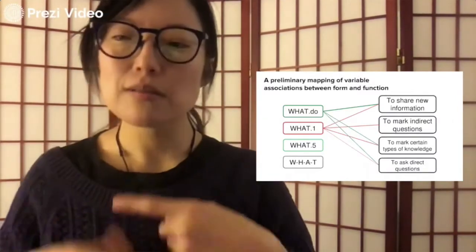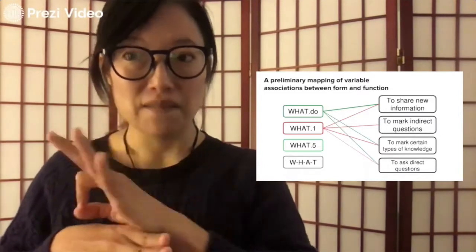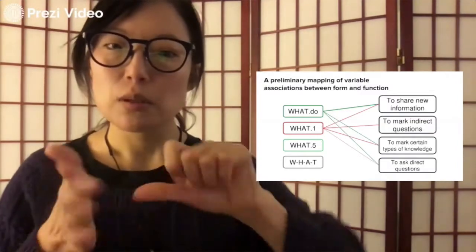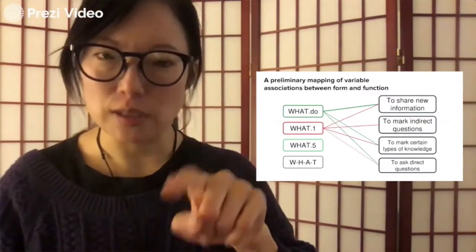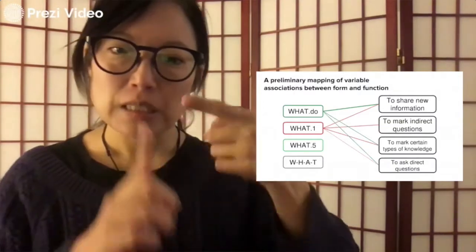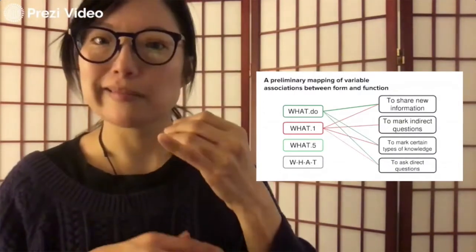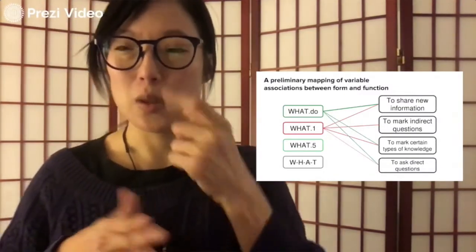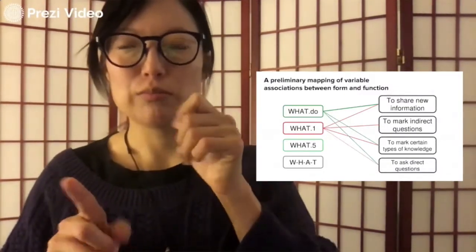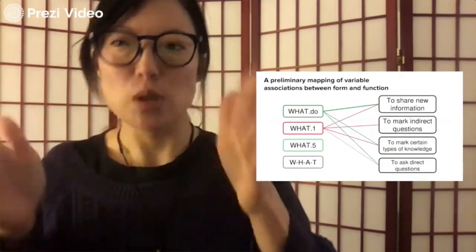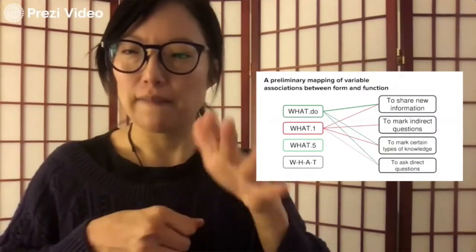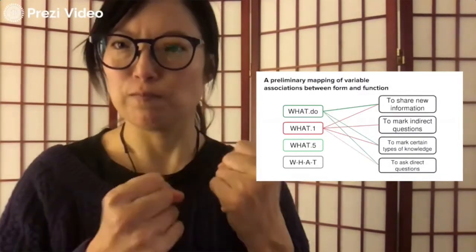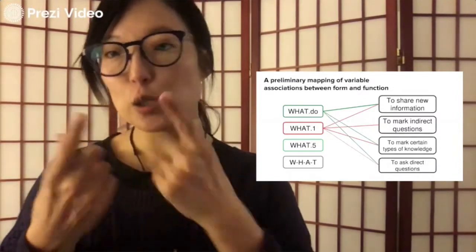Now, for the what one, we propose that the what one has a few functions: to mark new information, to mark indirect questions, to mark certain types of knowledge, and lastly, to mark direct questions. However, because what one has a lower frequency of occurrence, we don't have enough information and do not know about the strength of the association compared to the what do.